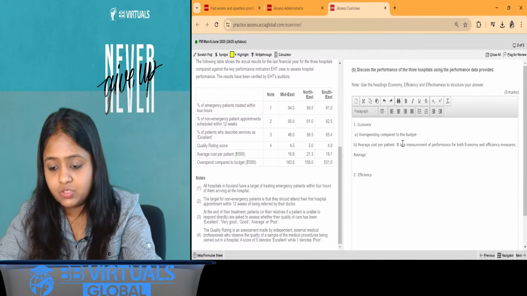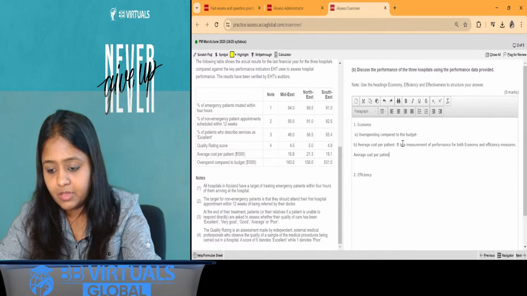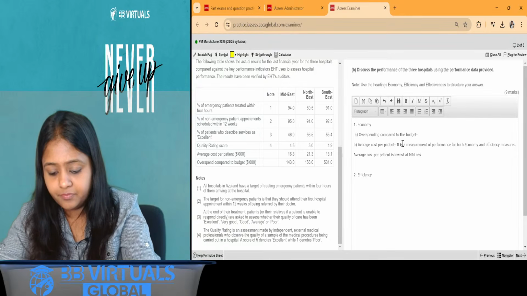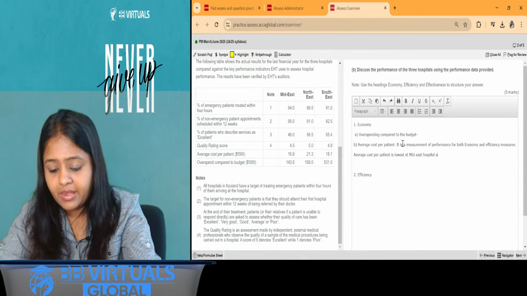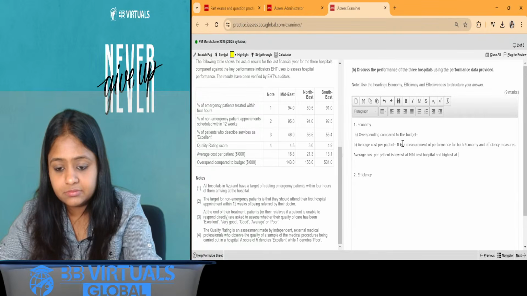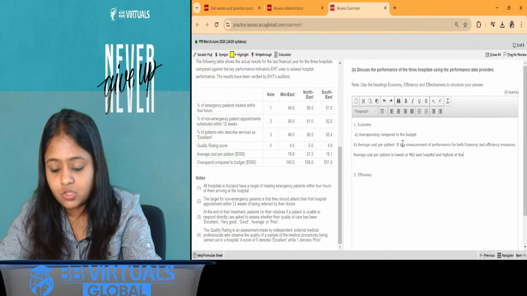So average cost per patient is lowest at Mid East Hospital and highest at Northeast Hospital.